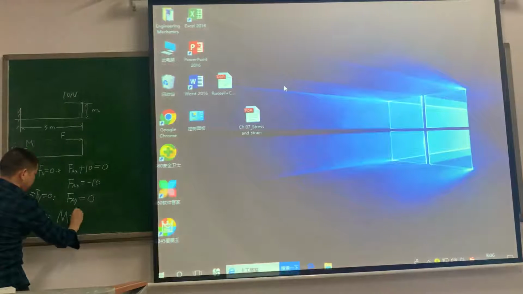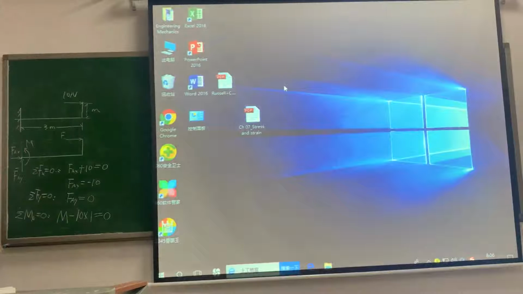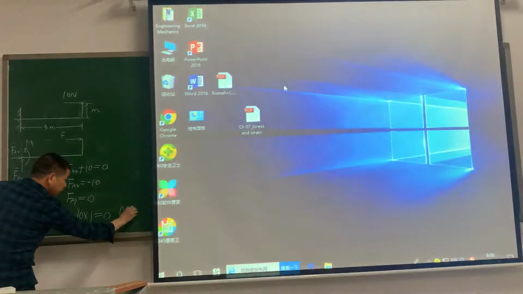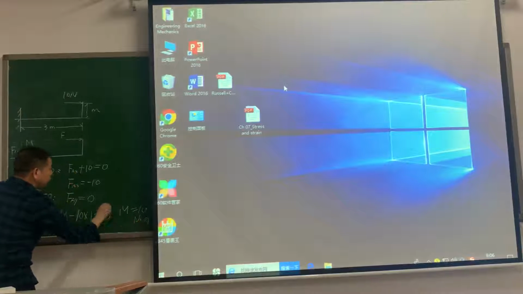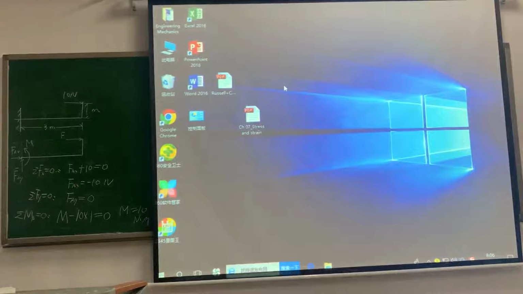Minus 3 cross 1 equals 0. Understand? Yes. So we can get M is 10 Newton meter. The unit is Newton meter.